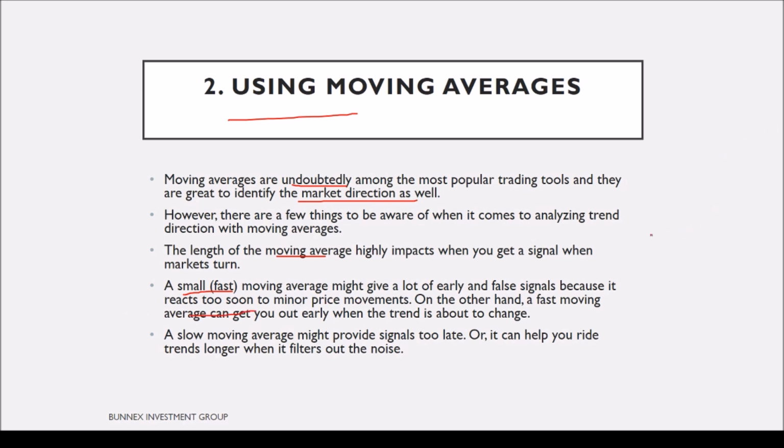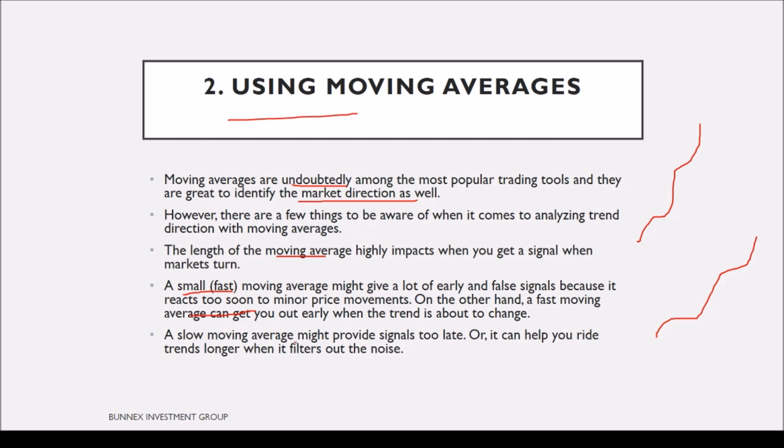What we are trying to say is, whenever you see a period 5 EMA, it responds differently to a period 50 EMA. Therefore, the 5 will give you early and mostly false signals because it reacts too soon to minor price movements. On the other hand, a fast moving average can get you out early when the trend is about to change.